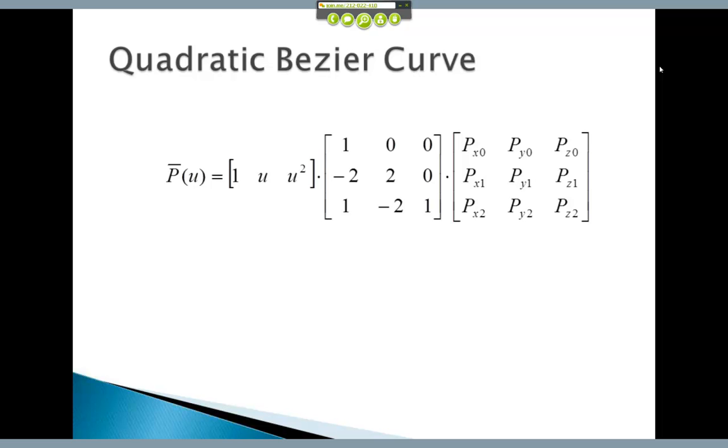These are the coefficients. The fourth line is the expansion of 1 minus u quantity cubed. Those are the coefficients.